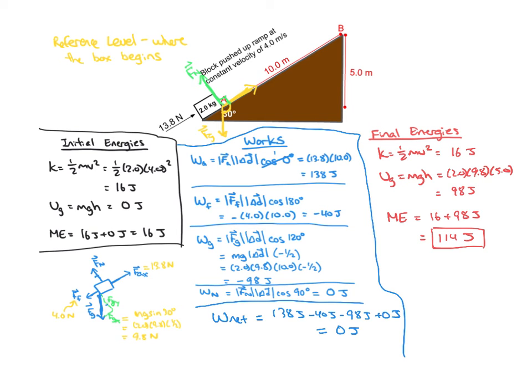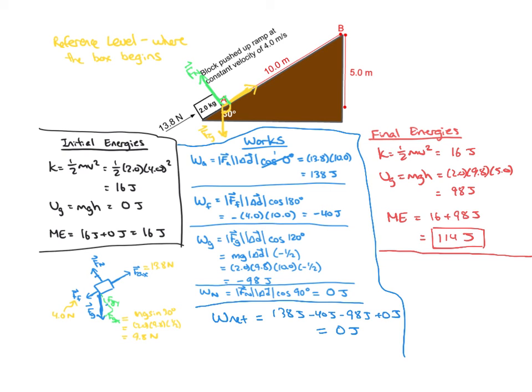Mechanical energy can change, and it will change if you have forces that are called non-conservative forces that act on the object. And what's a conservative force and what's a non-conservative force?